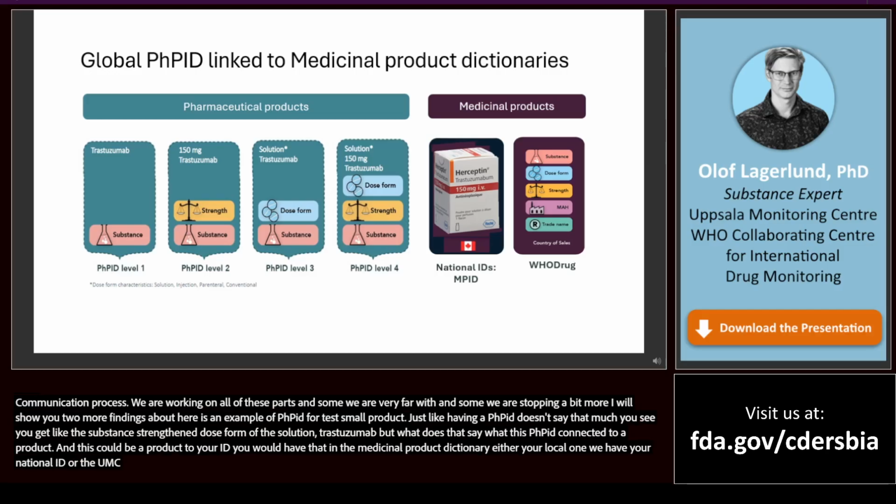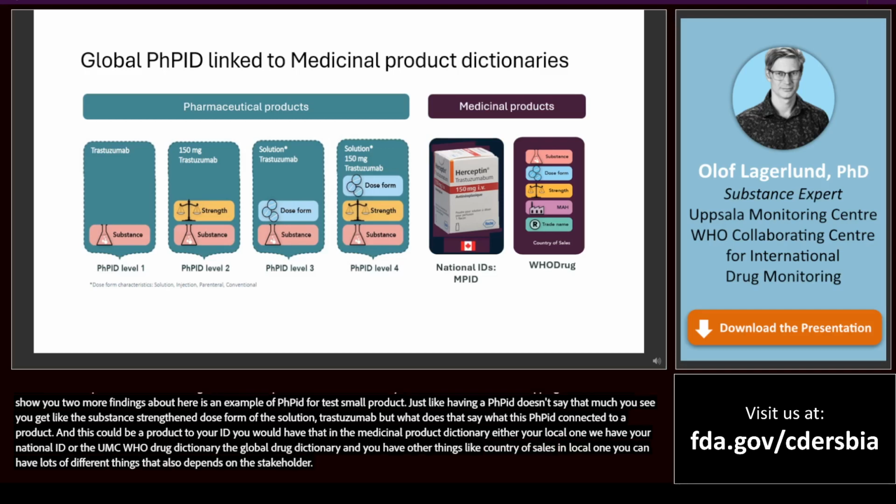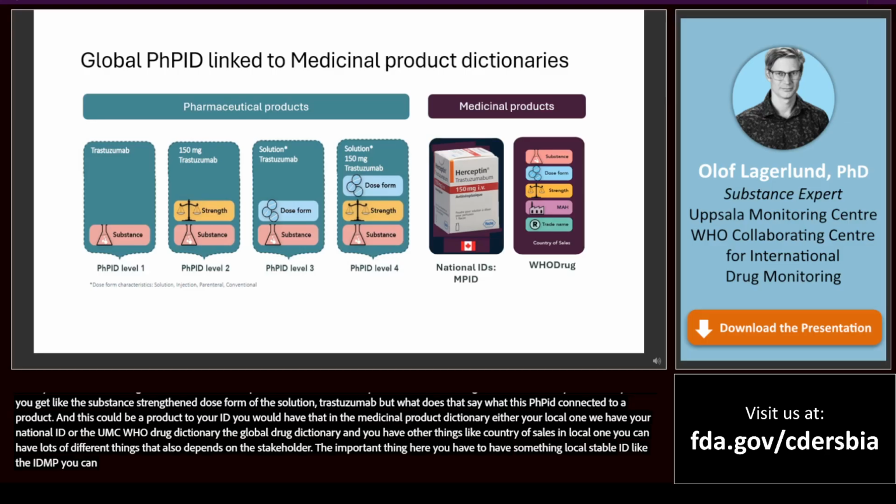And in WHO drug, you have other things like market authorization holder, country of sales, etc. And in your local one, you can have a lot of different things, and that also depends on the stakeholder, which country you are. But the important thing here is that you have a local stable ID, like the MPID, that you can connect your product to a specific PhPID.